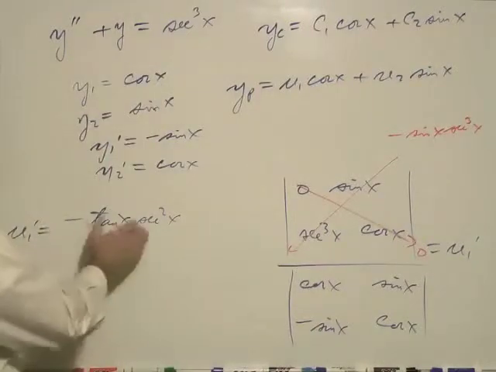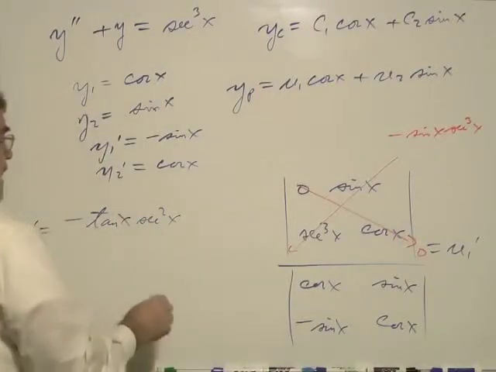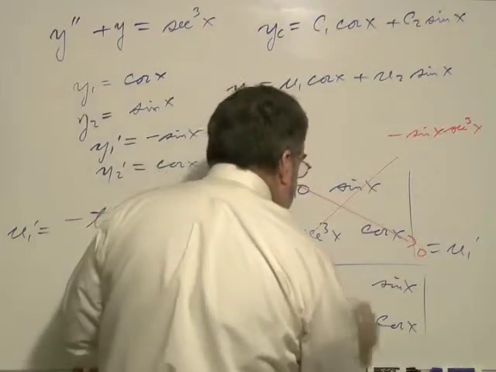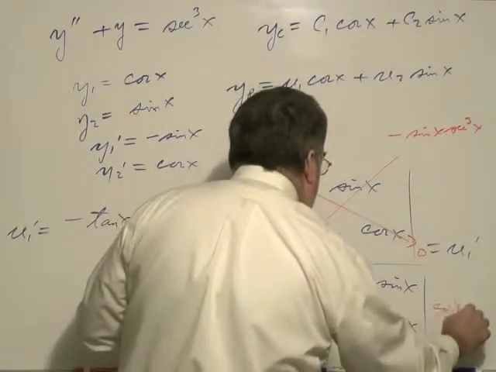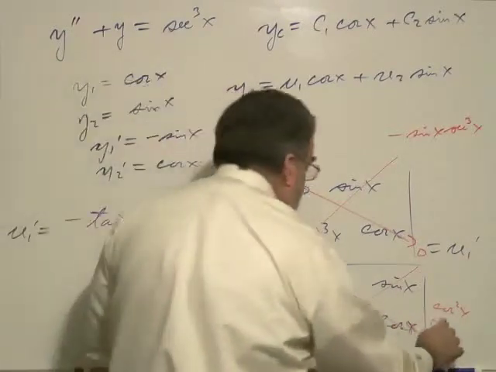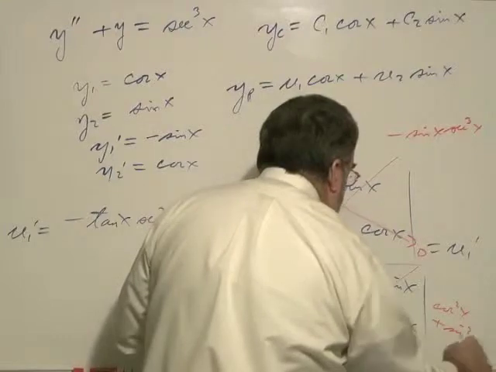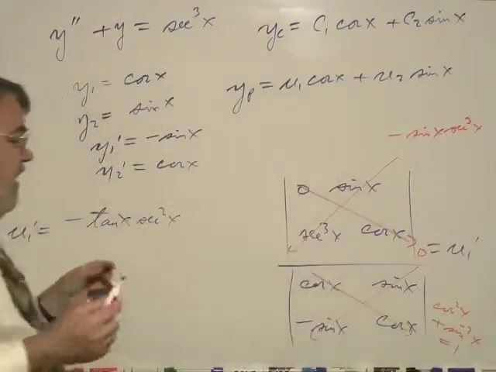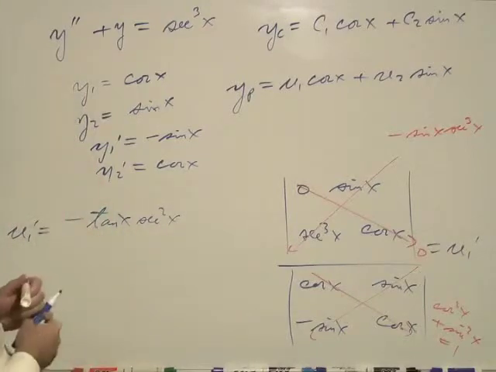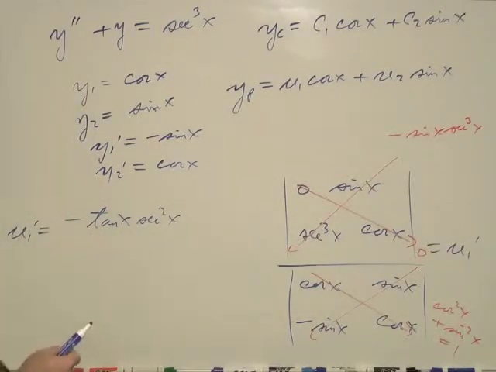So I've got minus tangent x secant squared x. And down below, this is going to be cosine squared x, and then the negatives cancel, that's plus sine squared x. So the bottom determinant is simply cosine squared plus sine squared, which is 1. So there's u1 prime. It's minus tangent x secant squared x.